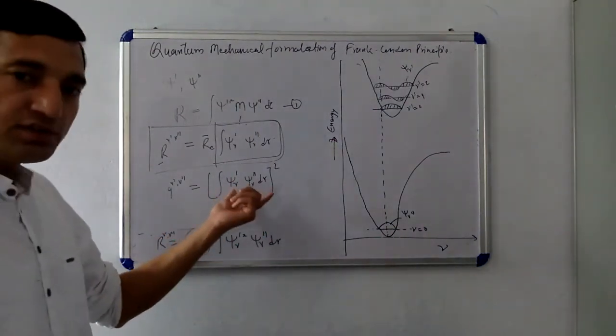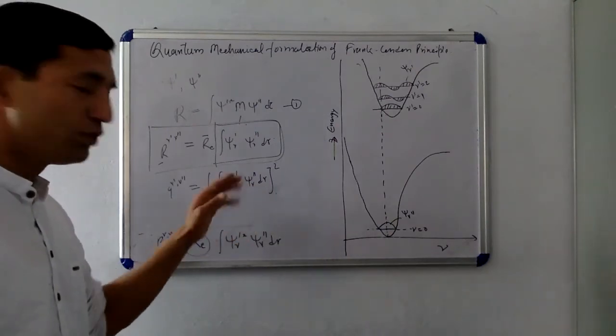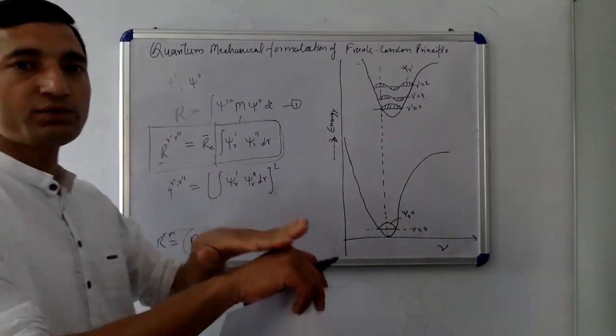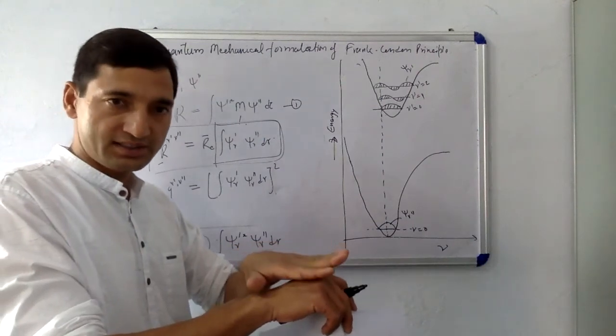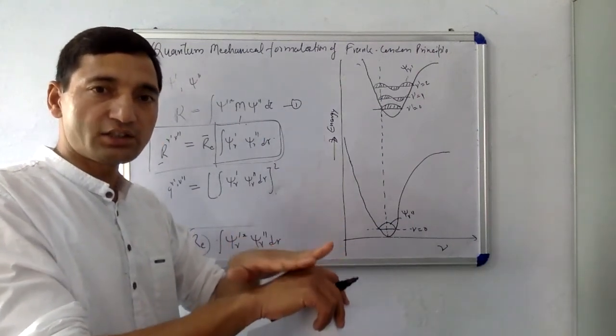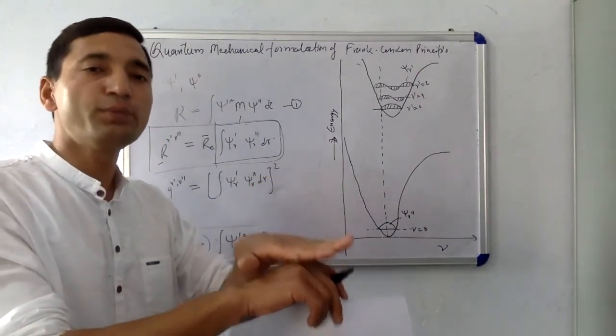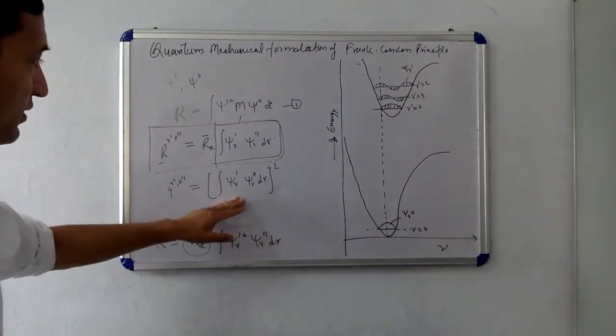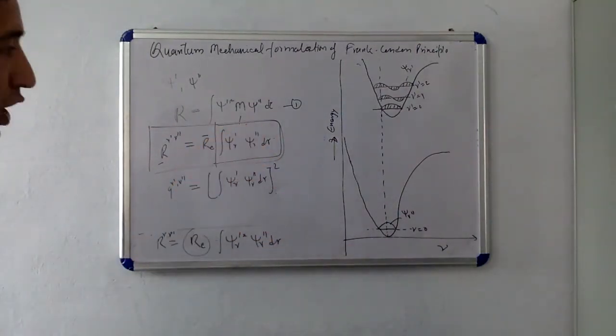In a continuous basis, how this overlaps with another is just what we do in vector algebra: once you take the dot product, it tells you how much they are overlapped.